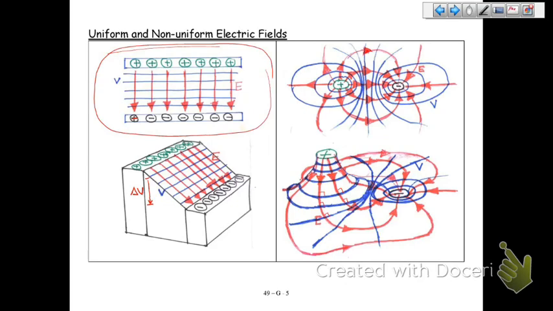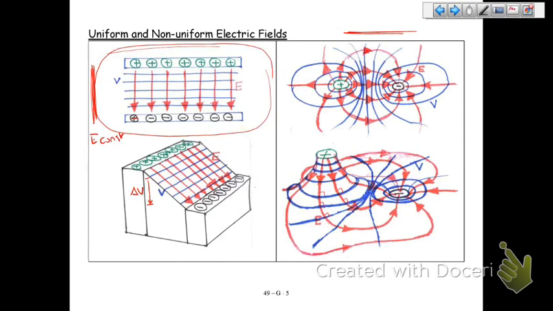So can you see that the mathematics for the non-uniform side will be in principle the same, but in practice we're going to have to do a bit more fancy math? Because over here in the uniform field, the electric field is constant, so it's going to have a single value for a problem.